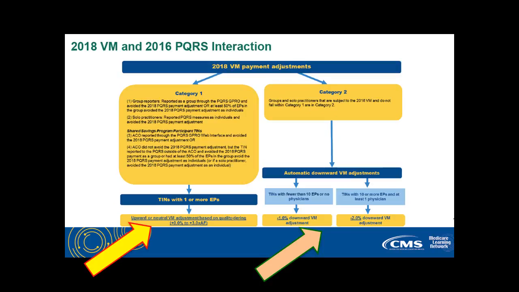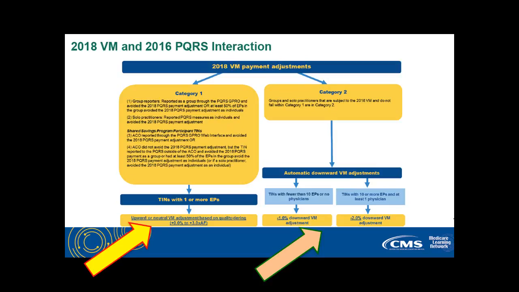All physicians and all providers who actually did that reporting or had their provider groups are on the left-hand side of this picture and are Category 1 physicians. And if the reporting requirements were met by the tax ID number, then the providers in these tax ID numbers would qualify for up to a 3% bonus depending upon performance, which we'll come to.